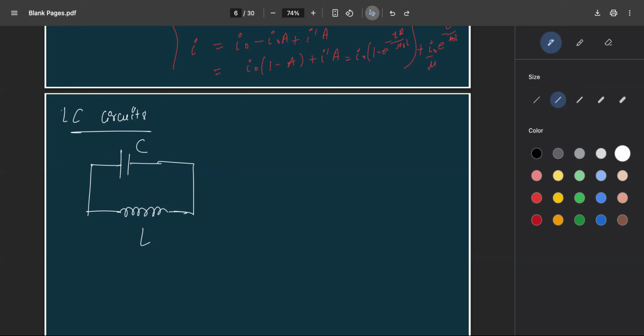It's your choice whether you want this or this to be completely charged. If I say this capacitor is completely charged, then whatever charge is there, that is the net energy it has. Current right now in the circuit is zero, and it will start growing with time.